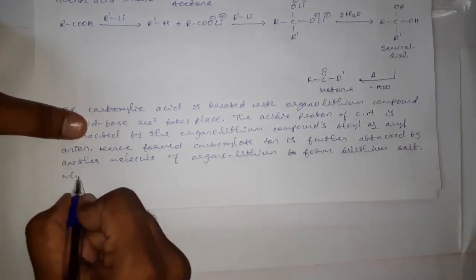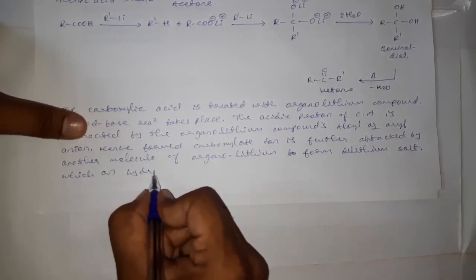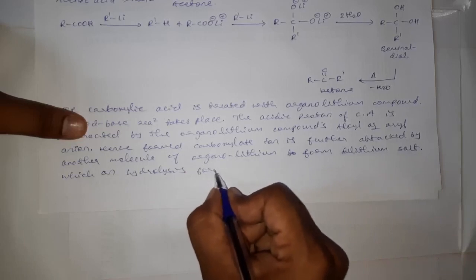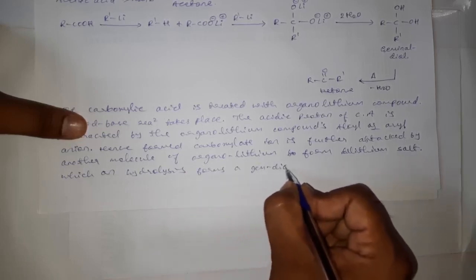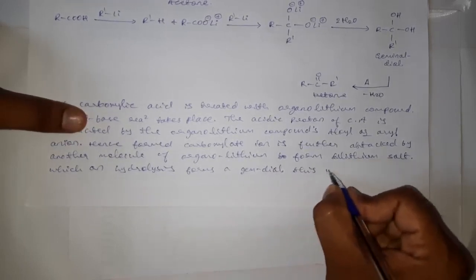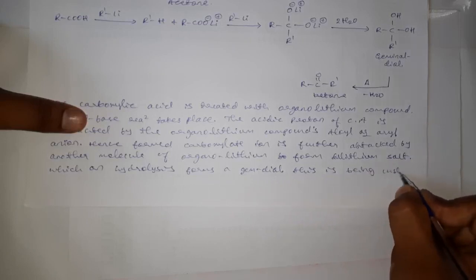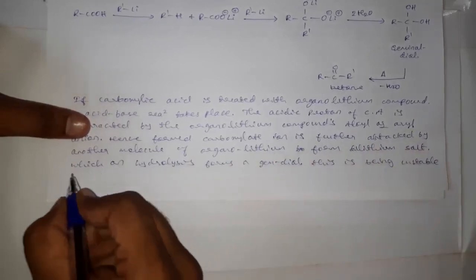This dilithium salt, on hydrolysis, forms a geminal diol, and this is very unstable because two hydroxyl groups are present on only one carbon.